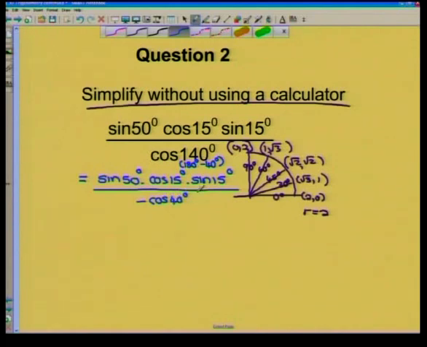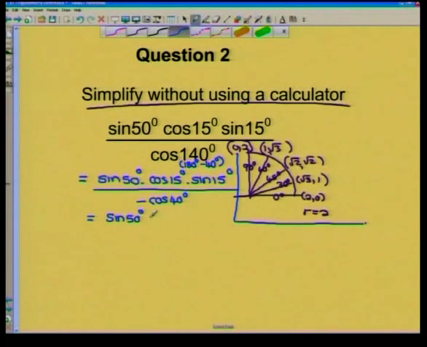Now, as I said to you, once we do that, it really makes life a lot easier. Because you can see 40 and 50 add up to 90. If they add up to 90, we're dealing with co-ratios. So it is possible to lose those by using our co-ratios. So let's do that. I'm going to leave the sine 50 alone, and I'm going to leave the cos 15 alone, and the sine 15 alone. And what I am going to do is change this.